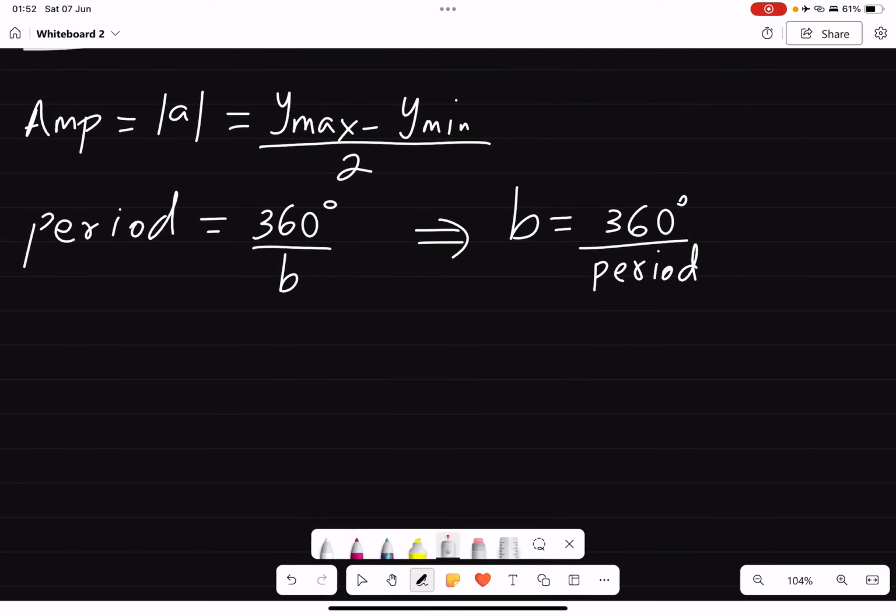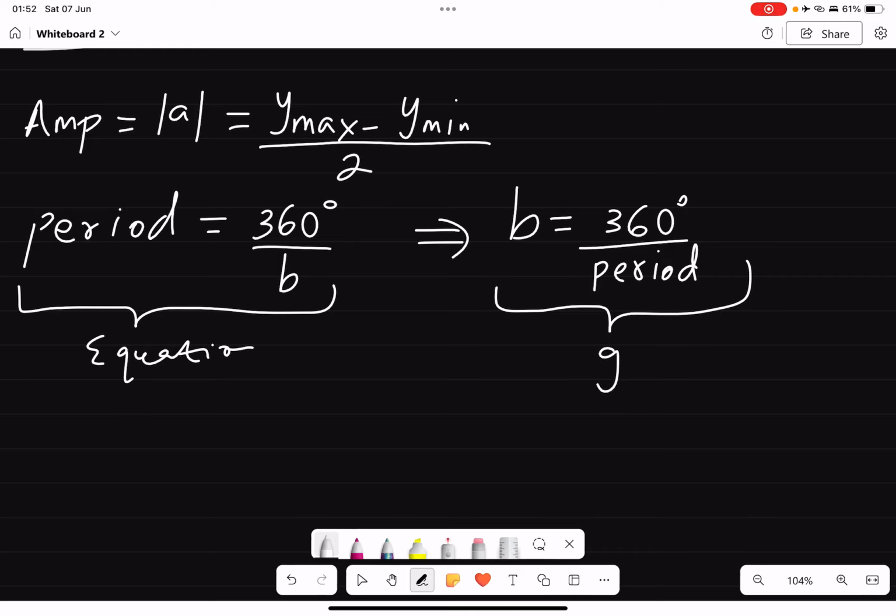All right. So this form you are going to use if you are looking for the period from the equation. If you have the equation, you're going to use that one. Then if you're looking for the equation, you have the graph, you're going to use this one. So 360 divided by the period will always give you the period constant.